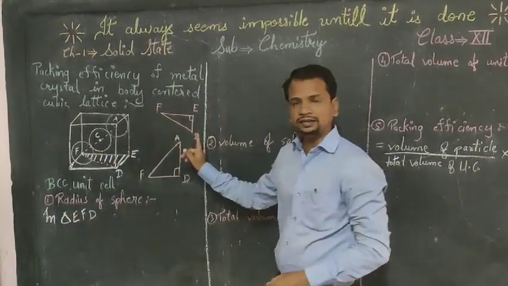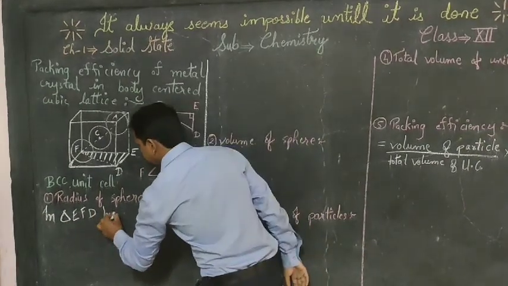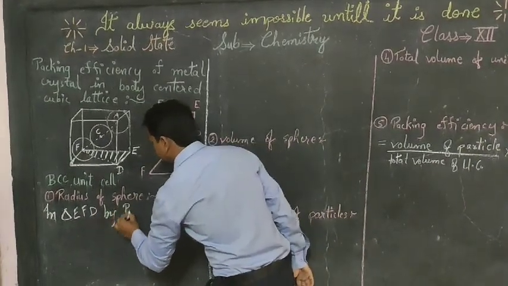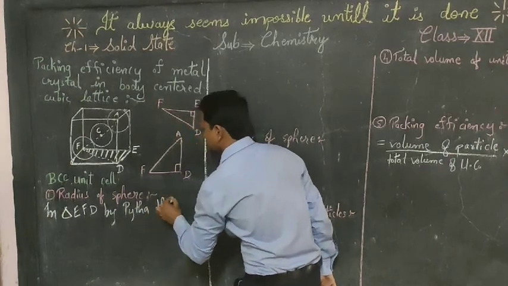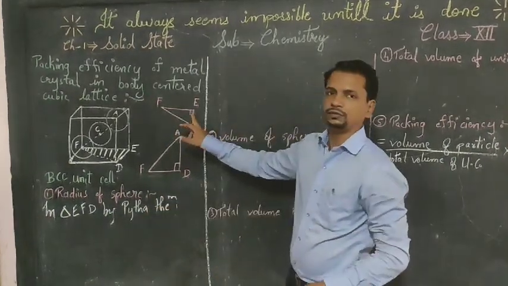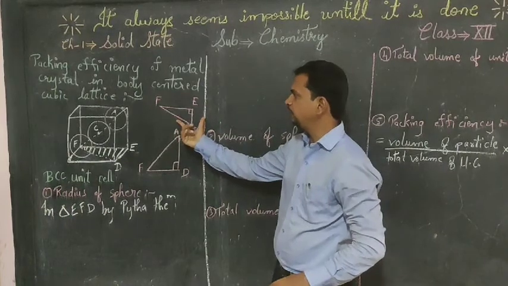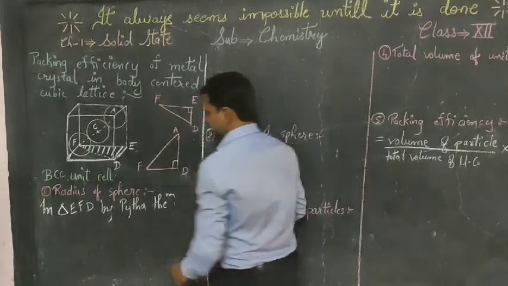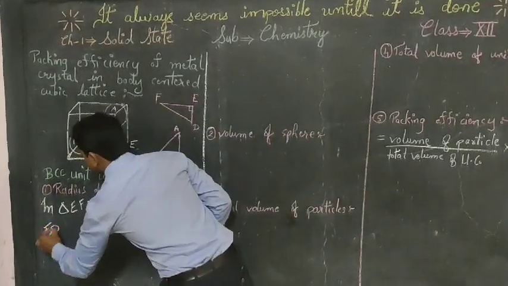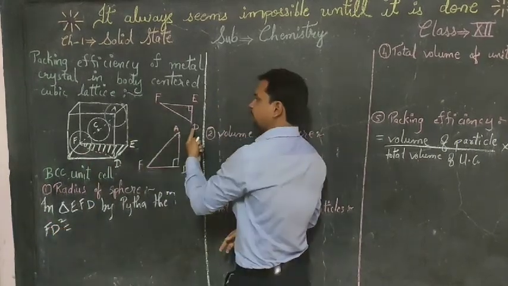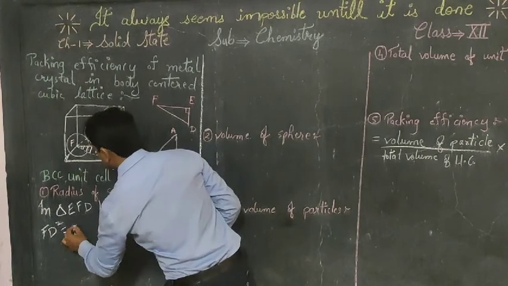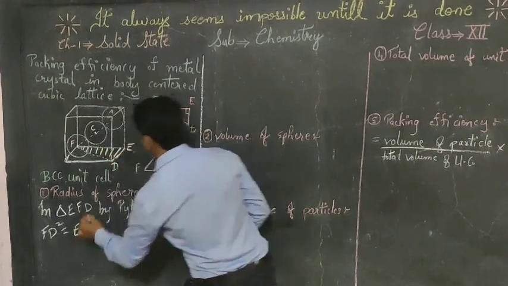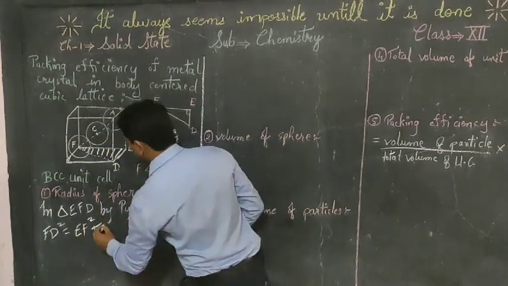In triangle EFD, by Pythagoras theorem, what will we get? FD square, that is hypotenuse square, is equal to EF square plus ED square.